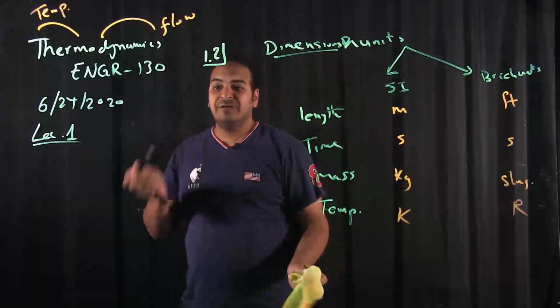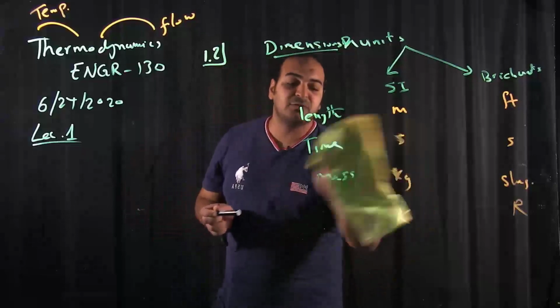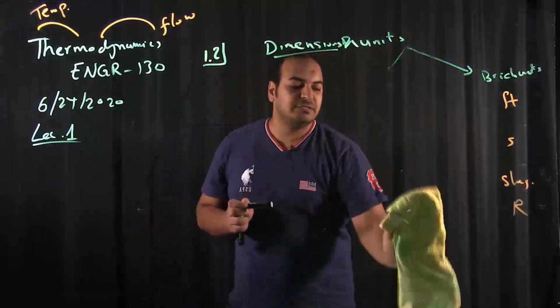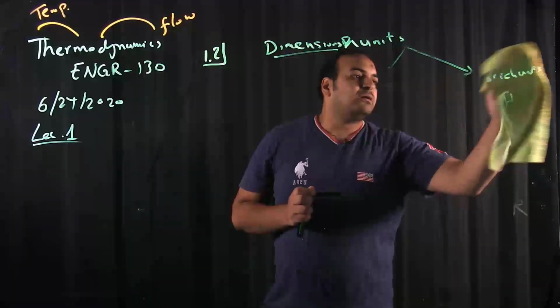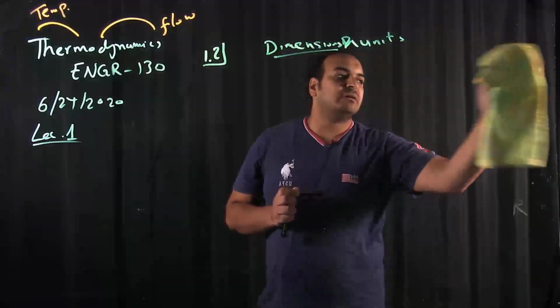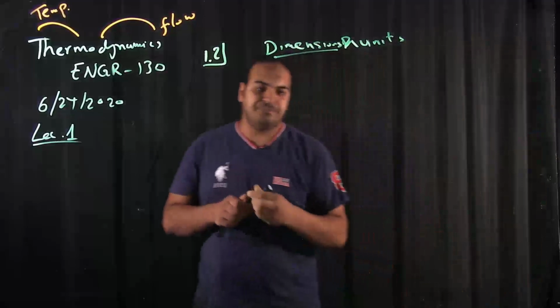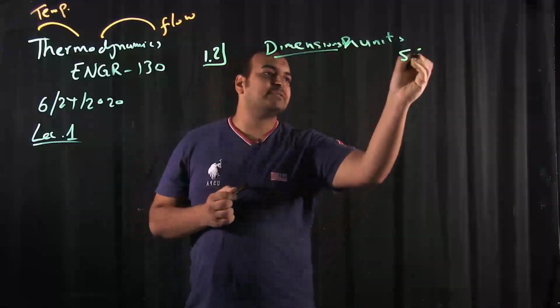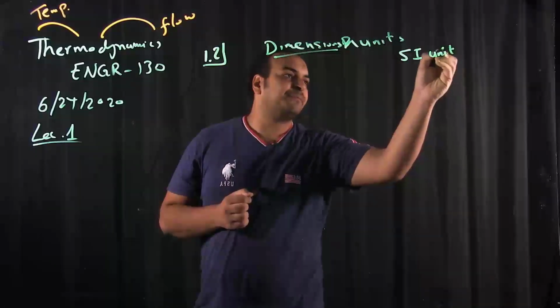A lot of derived quantities come from these measurements, like velocity, area, volume, acceleration. We can mainly focus on SI units in this course.